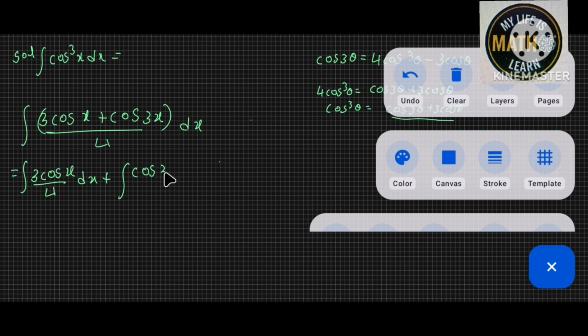So 3 by 4 times the integration of cos x, which is sin x, plus 1 by 4 times the integration of cos 3x, which is sin 3x by 3. That is equal to 3 by 4 sin x plus 1 by 12 sin 3x plus c.